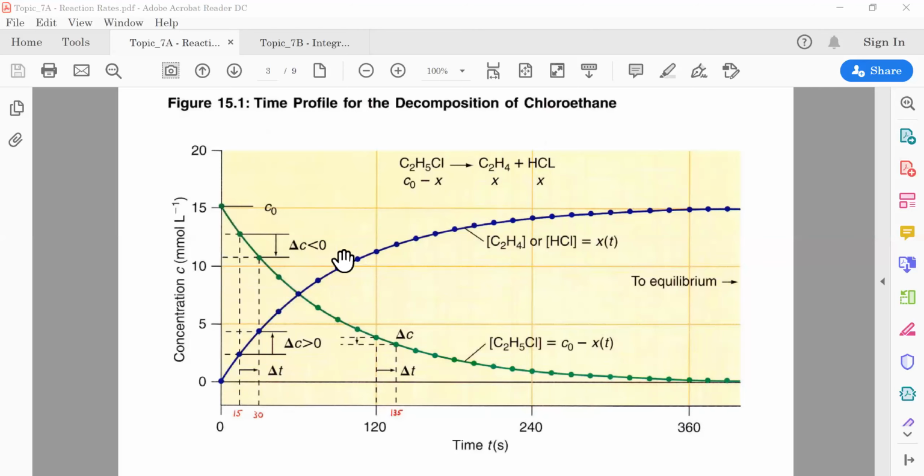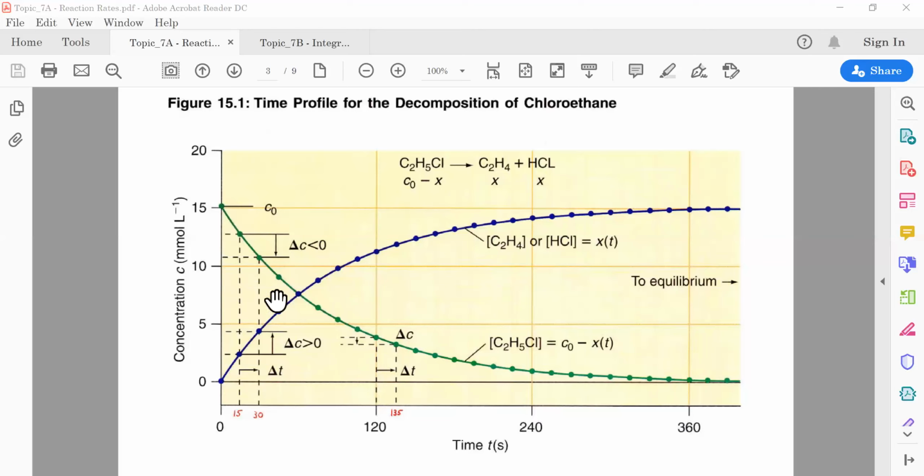The same line refers to both of them because they're both in a 1-to-1 ratio, and so they're both formed at exactly the same rate. Now, if we look here at the reaction in its early stages, the reaction time unit is seconds here. So the reaction is proceeding in a matter of seconds, 2 minutes, 4 minutes, and so on.